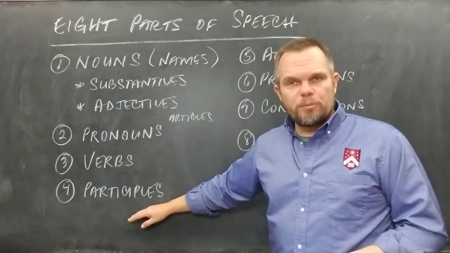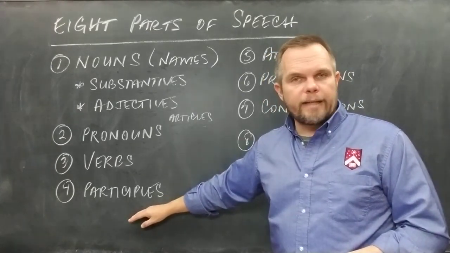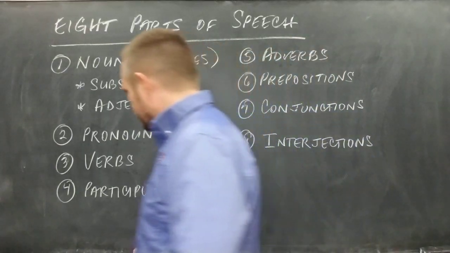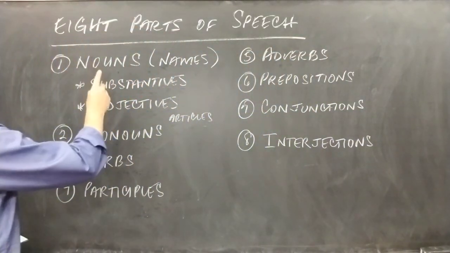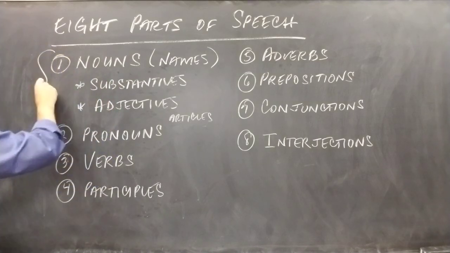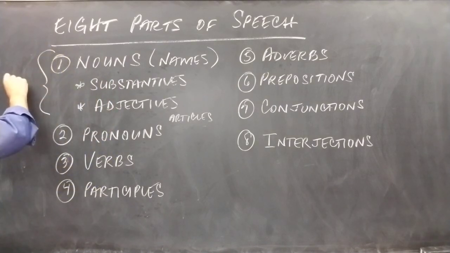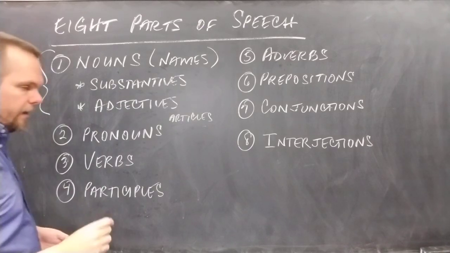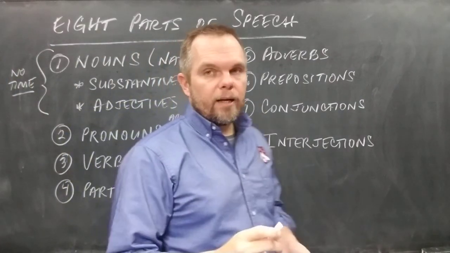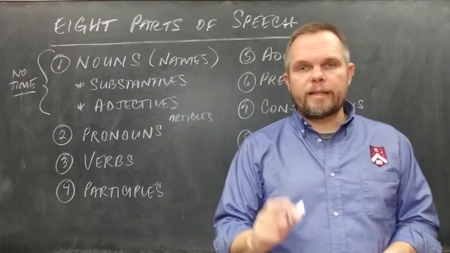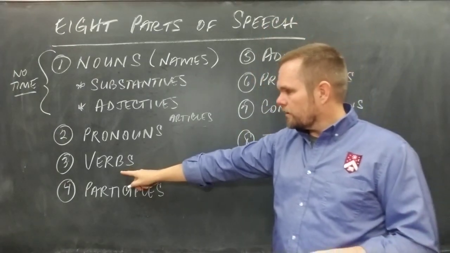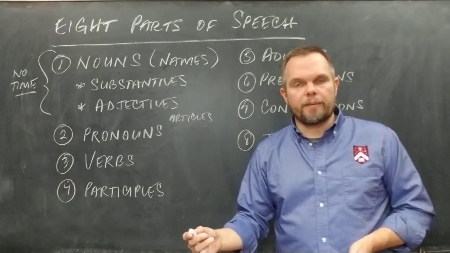I said that participles are not rightly called adjective words or adjectives. And the reason why is because nouns, all right, I don't know if you can see this on the video, but nouns do not express time. Names or nouns do not express any idea of time. Verbs express the idea of time.